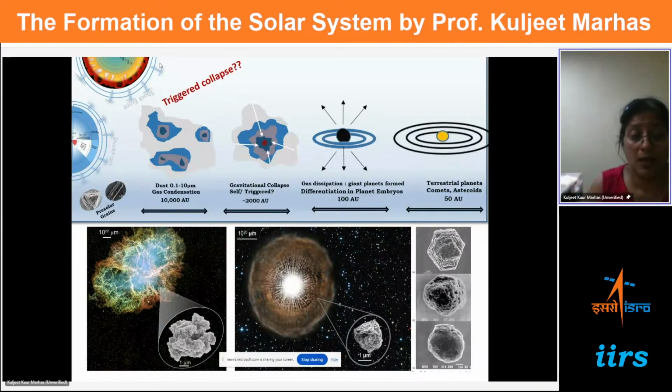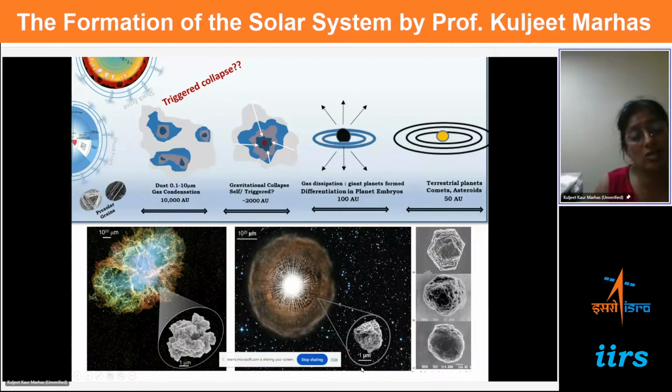Not only that, there are some circumstellar grains that are formed around the stars that will also fall into our molecular cloud. By analyzing the elemental and isotopic composition of these grains, we can tell which stars were contributing.